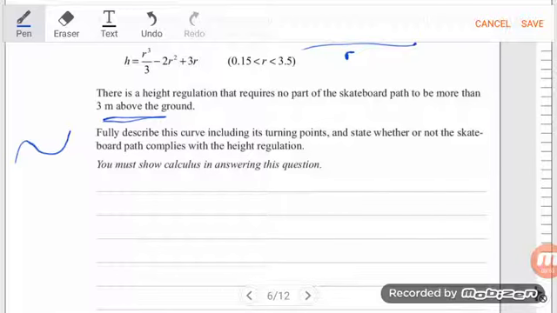So what we need to do is find the turning points. And when we talk about turning points, it means that we need to differentiate it. And whether or not the skateboard path complies with the height regulation. So at this turning point, we need to make sure it does not go more than 3 meters. Okay? Must not be greater than 3 meters.